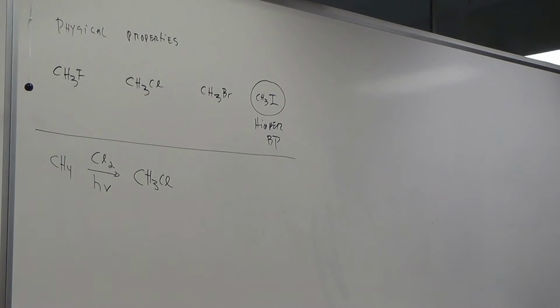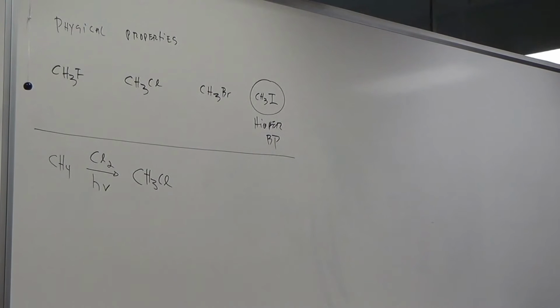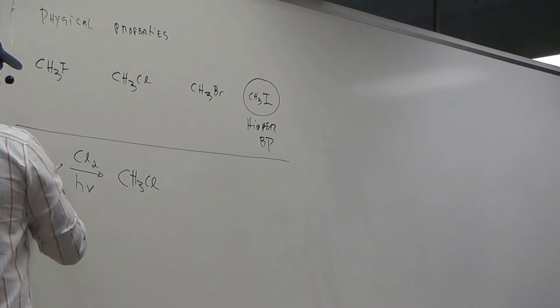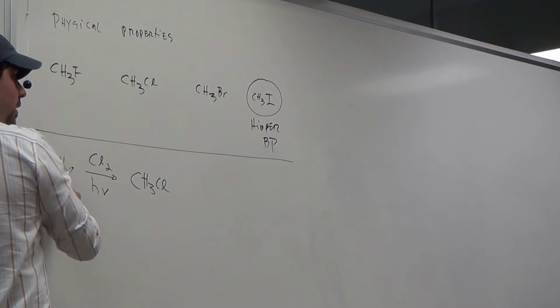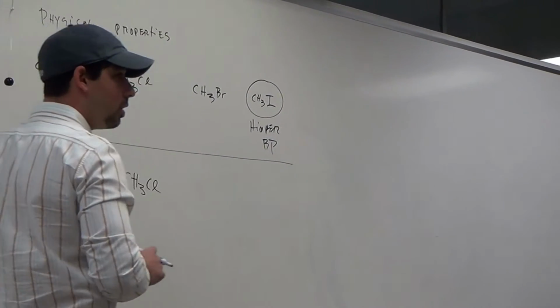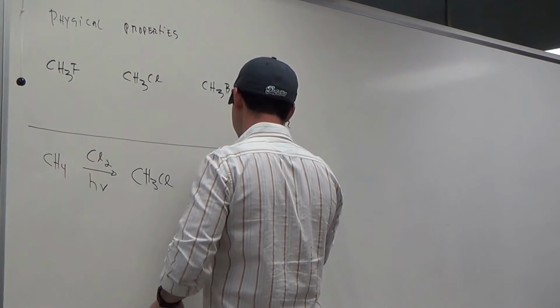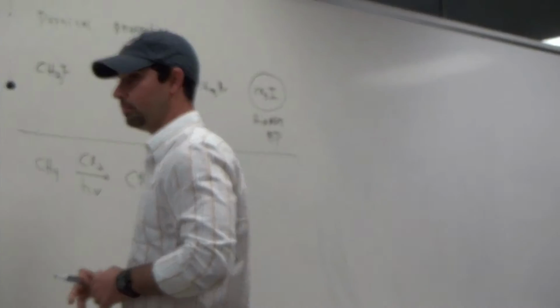One of the hydrogens left. It was replaced by the Cl. Outstanding. So here we're going to have the other Cl, and one of the hydrogens made HCl.